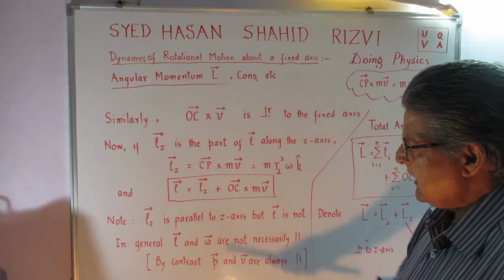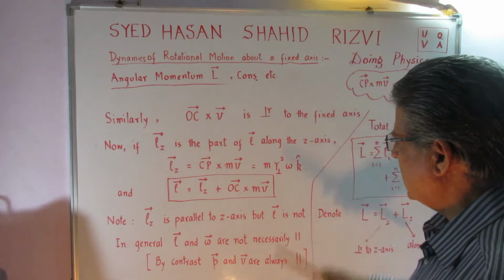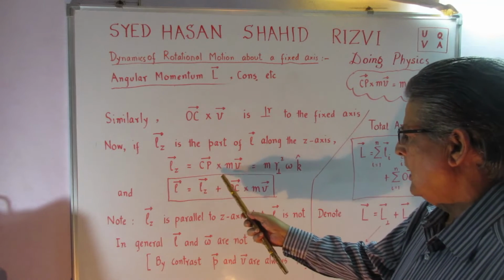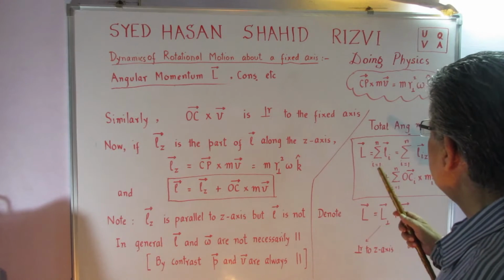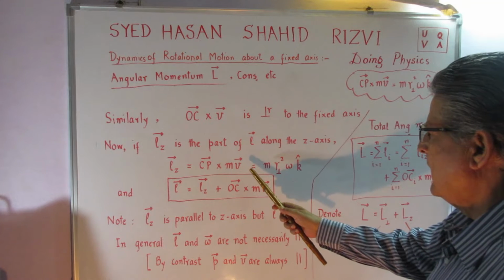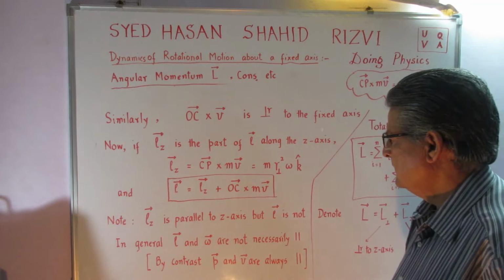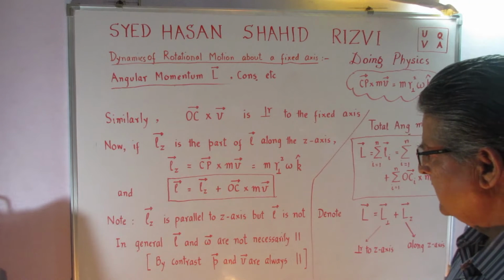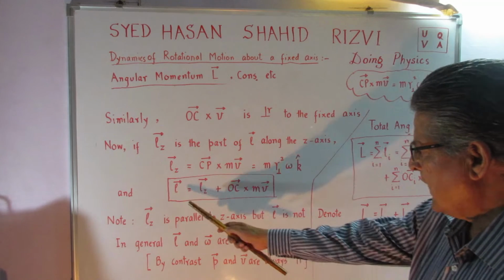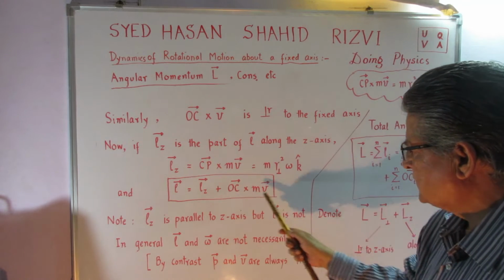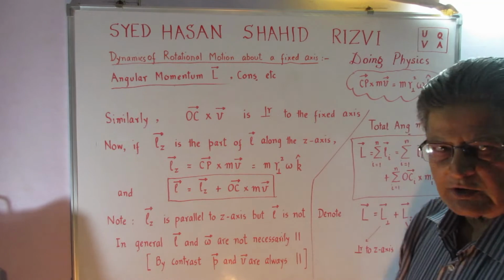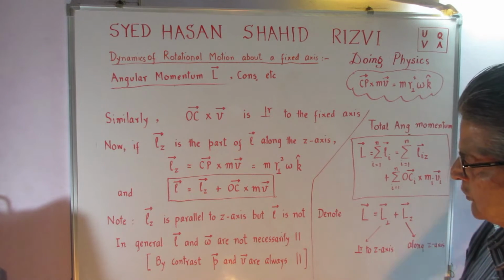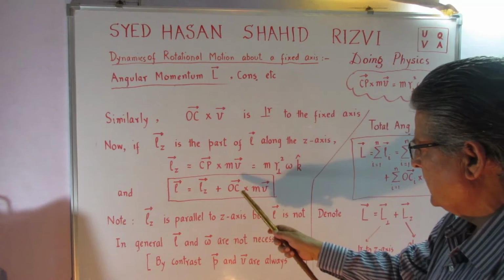So I can write Lz, that part of L along the z axis, as CP cross mv, which we obtain as m r square omega k cap. So L is equal to Lz, this component, plus the other component, OC cross mv. So the value of L is defined as Lz plus this part.